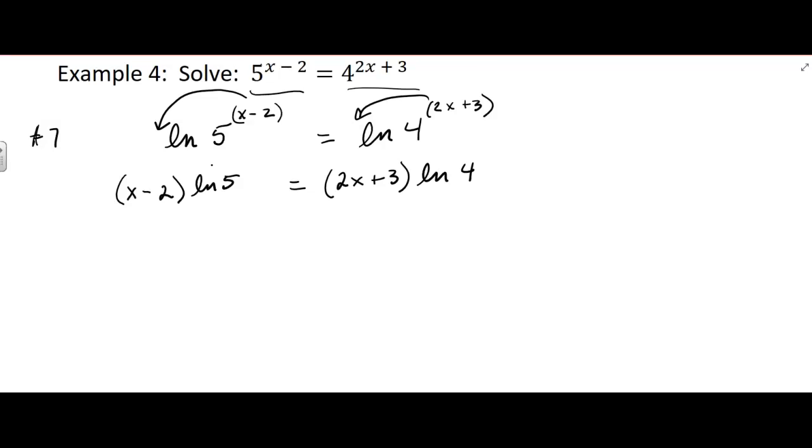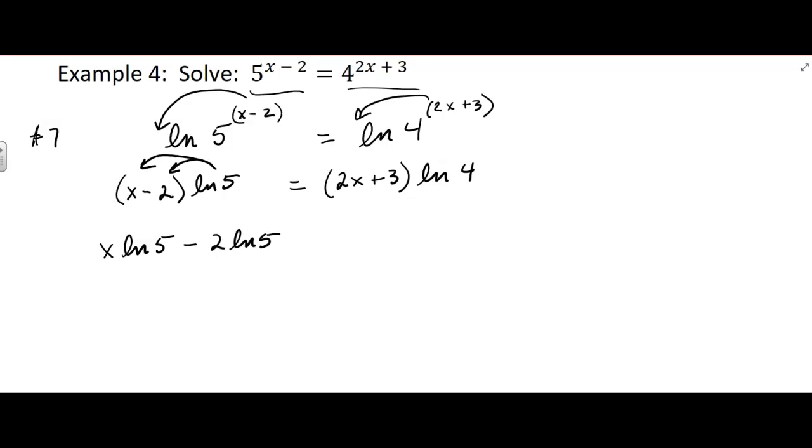Okay, so we're going to distribute here. And I have x natural log of 5 minus 2 natural log of 5. We usually put the log part at the end of the expression, whether it's numeric or variable. Remember we were simplifying radicals and we put the radical at the back?